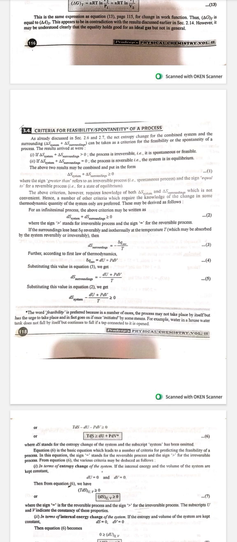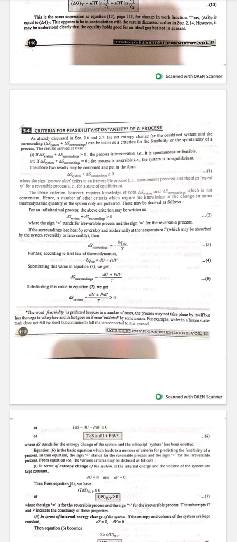And second, if delta S system plus delta S surrounding is equal to 0, the process is reversible, the system is in equilibrium. The above two results can be combined: delta S of system plus delta S of surrounding is greater than or equal to 0, where the sign greater than refers to the irreversible process and the sign equal to refers to the reversible process, which is the state of equilibrium.